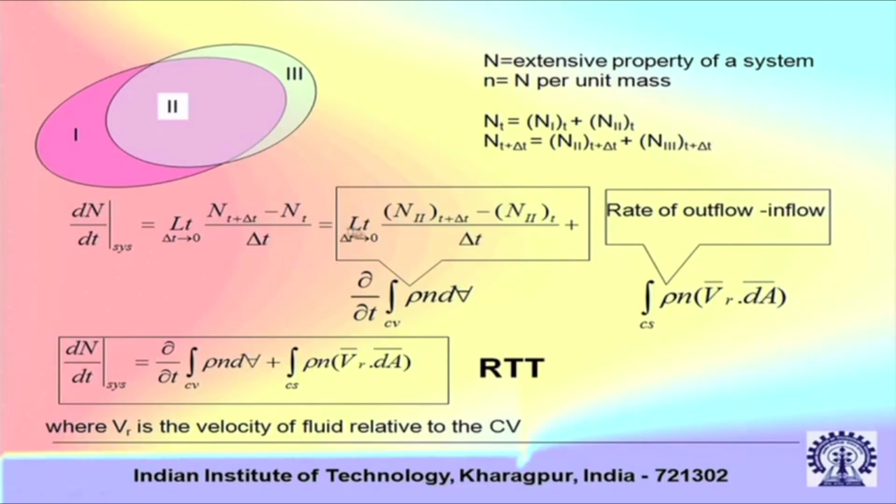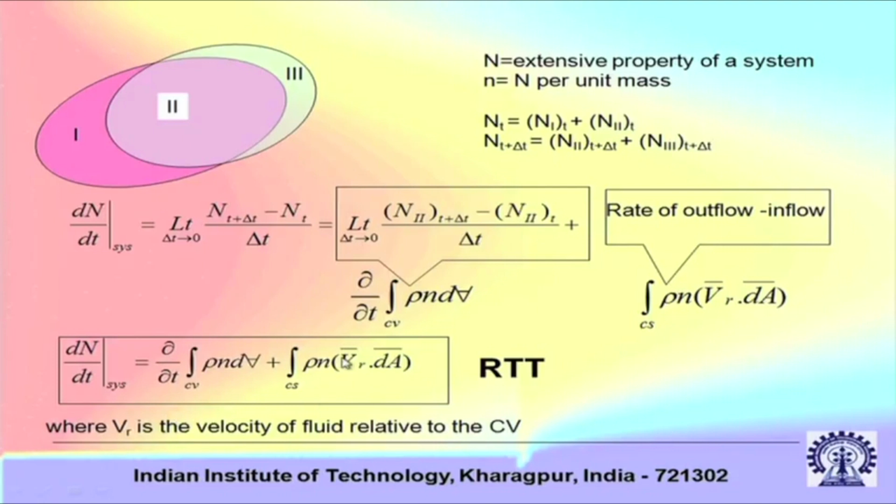You can see here that we have these two terms, this is the first term and this is the net outflow minus inflow term. If you write these two terms mathematically, then you can express the total rate of change with respect to the system in terms of the rate of change with respect to the control volume, and you can see that there is a correction term.